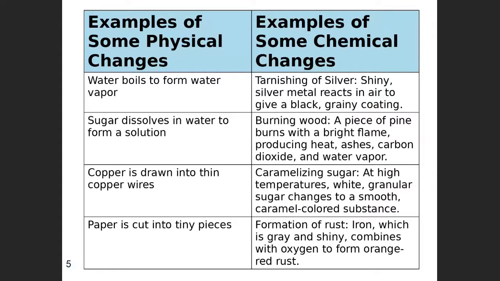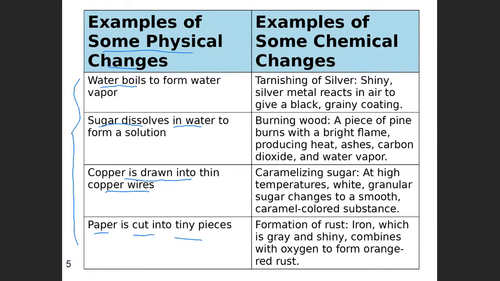Some examples of physical changes: when the water boils to form water vapor, when the sugar dissolves in the water, when the copper is drawn into thin copper wires, when the paper is cut into tiny pieces. All of that are examples of physical changes.